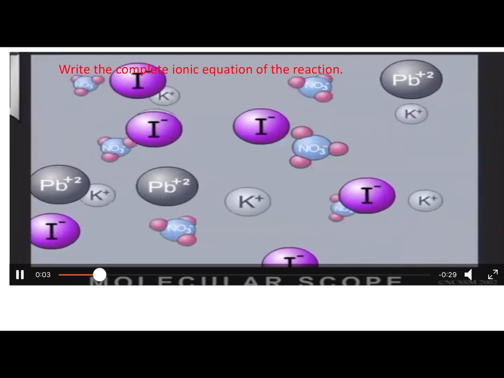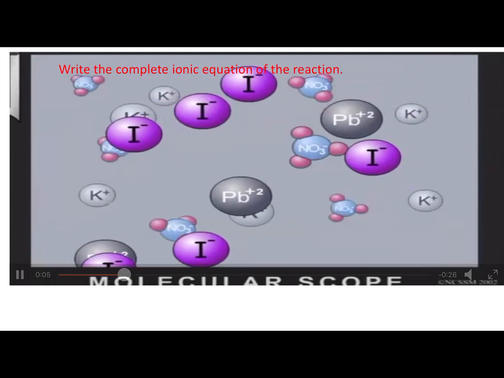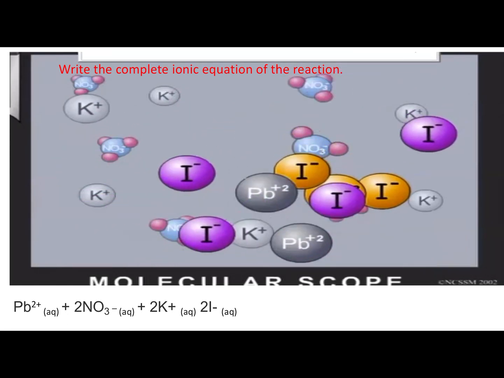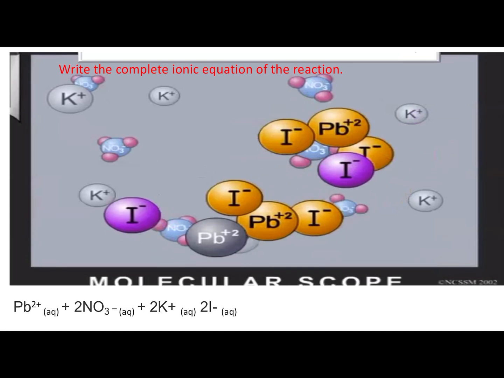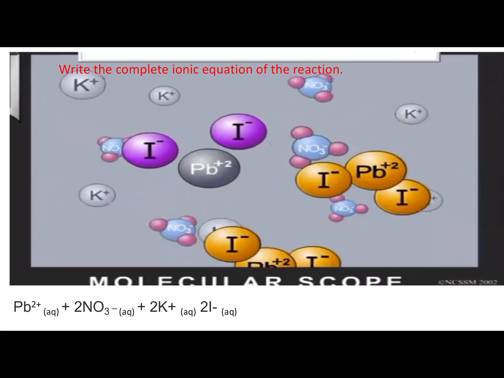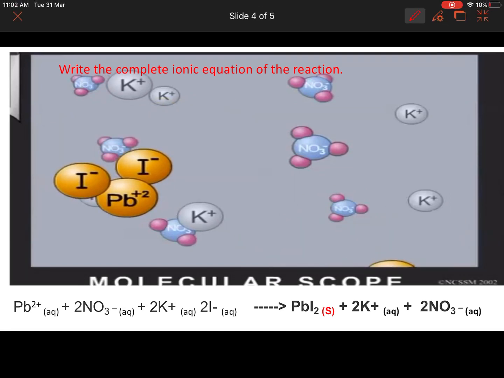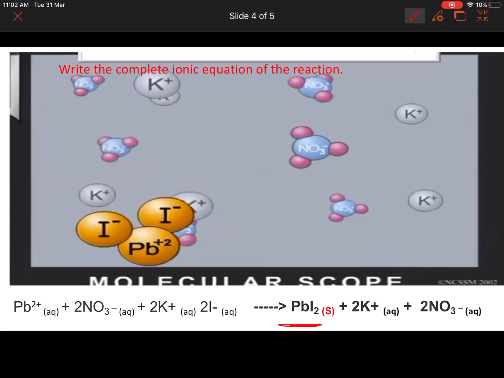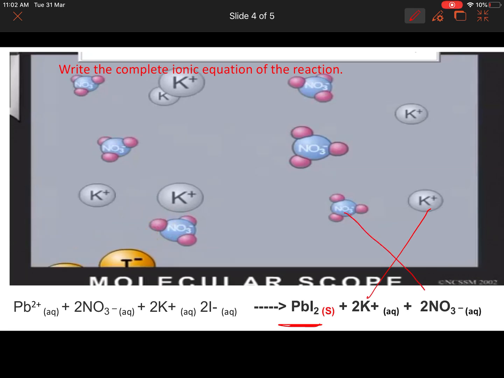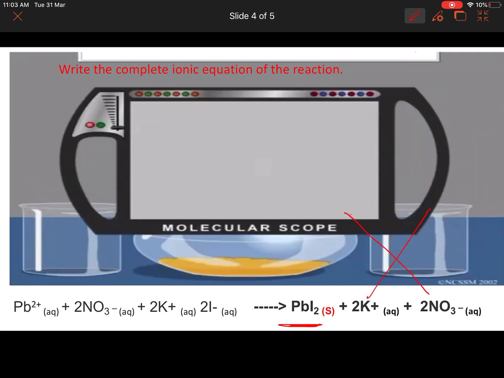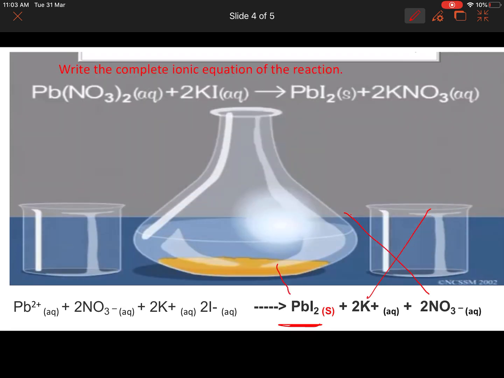So, we have to write the complete ionic equation of the reaction. Those are the reactants. Now solid starts to appear and settles down. Okay, so it forms lead iodide here, and potassium and nitrate are still there in the solution, where iodide, you will see at the end of the reaction, settles down and has a yellow precipitate, lead iodide.